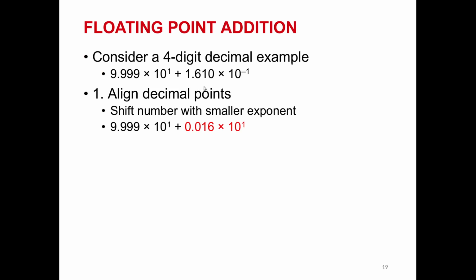So at first we need to align the decimal point so that the two operands have the same exponent, by shifting the number with the smaller exponent. Here this number has the smaller exponent, so we shift the significand to the right together with adding 1 to the exponent.